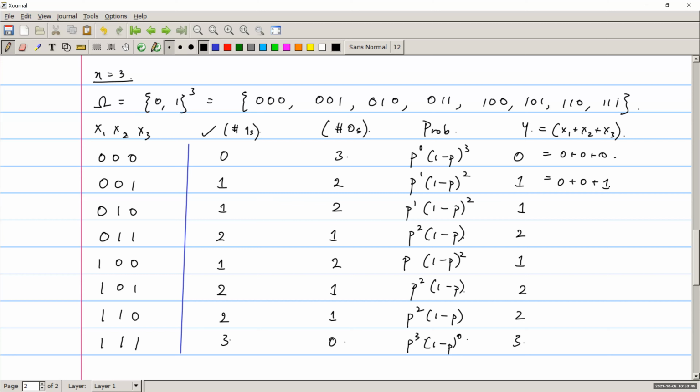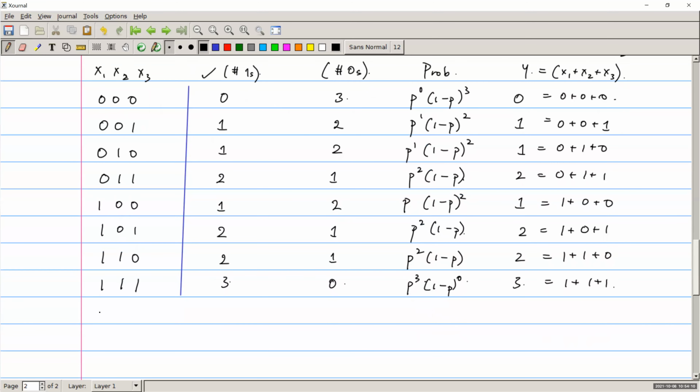Zeros don't add anything to y, so this just counts the number of ones. Is everyone okay with this?